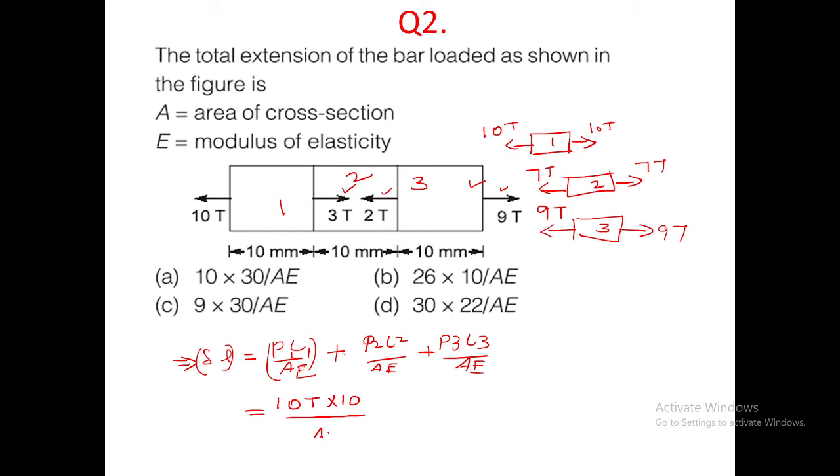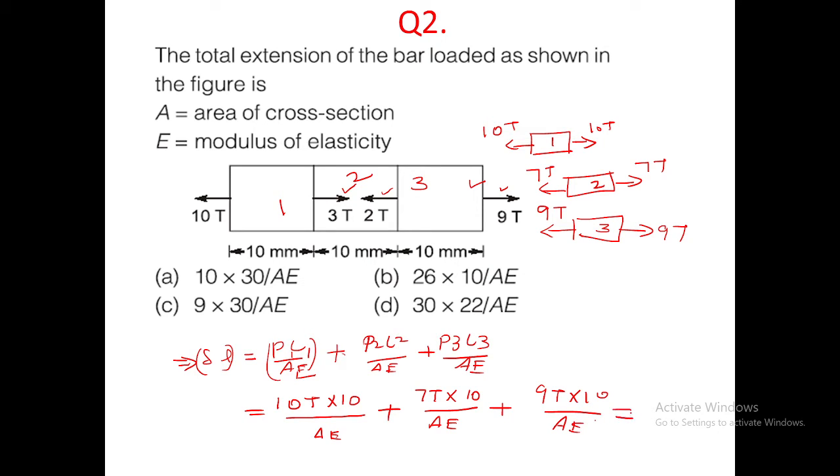Divided by A, the area is the same cross section, and the Young's modulus E is the same since it is the same material. P2 is 7 into L2 is 10 divided by AE, plus P3 is 9 into 10 divided by AE.